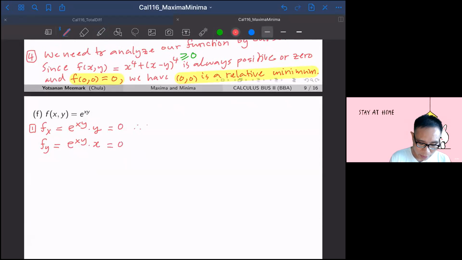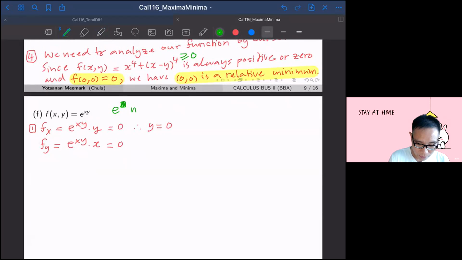So you get y equal to 0 from the first one, because e to anything is never equal to 0.